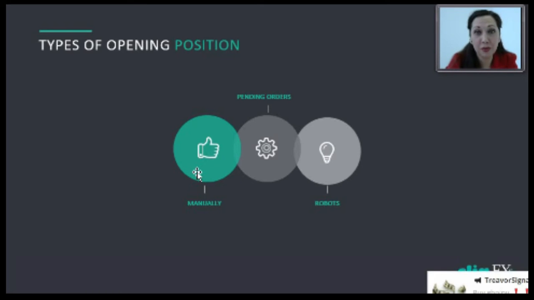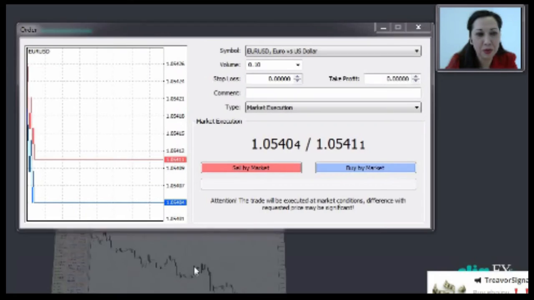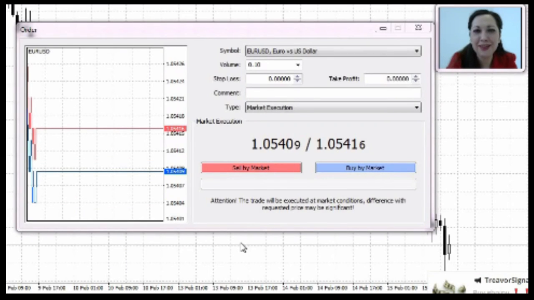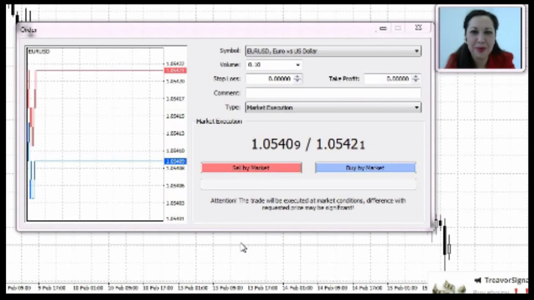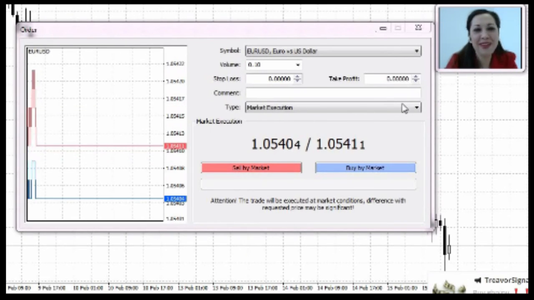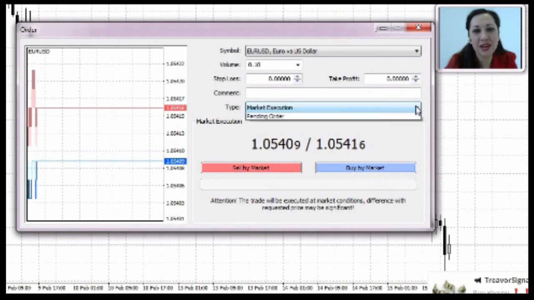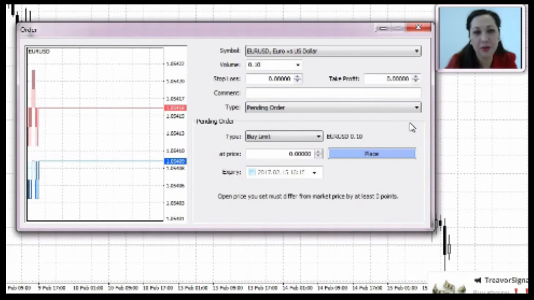I will show in the terminal how to find these pending orders. There are different types of pending orders. It's very easy to remember, they depend on the current price. For example, some of them open when the current price is higher, and some of them open when the current price is lower. You can find the pending order in the type here.